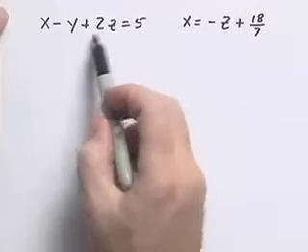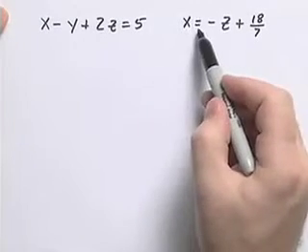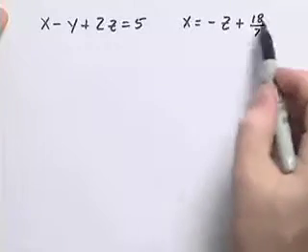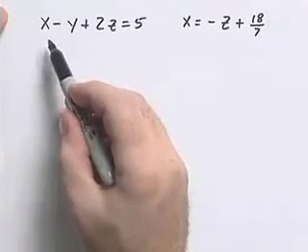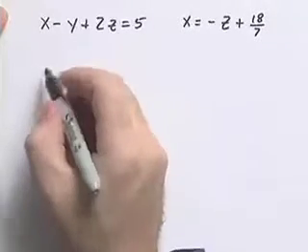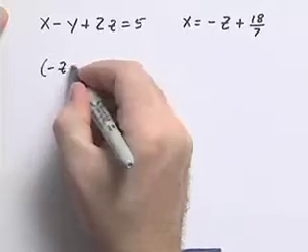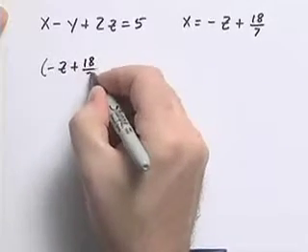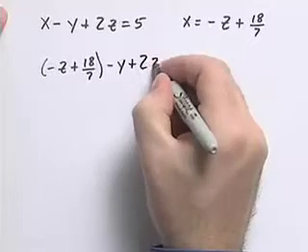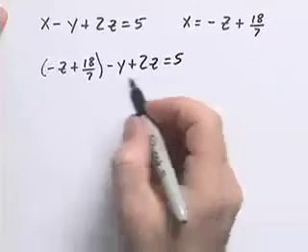Here we've rewritten our first equation, and here we have x solved in terms of z. So we're going to take our definition for x, plug that into our first equation, and then solve this equation for y to get it in terms of z. So here we would have negative z plus 18 sevenths, that's what x is, minus y plus 2z equals 5.